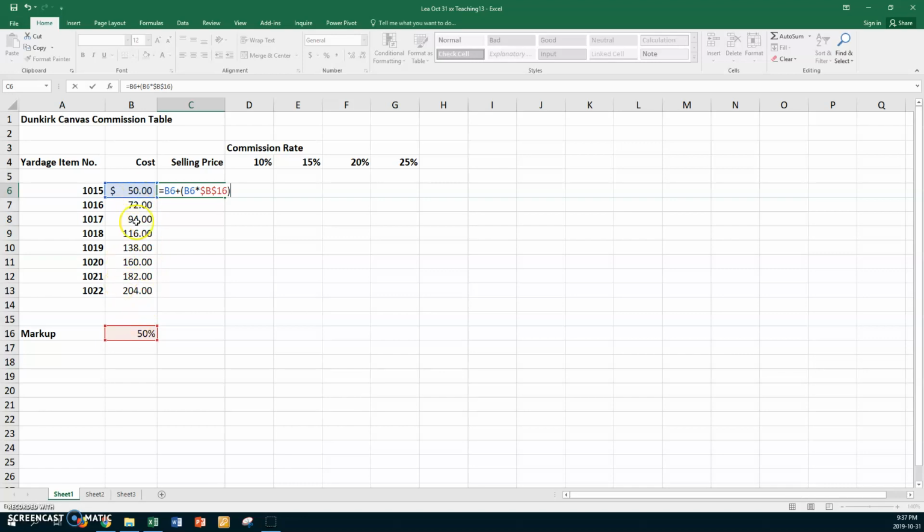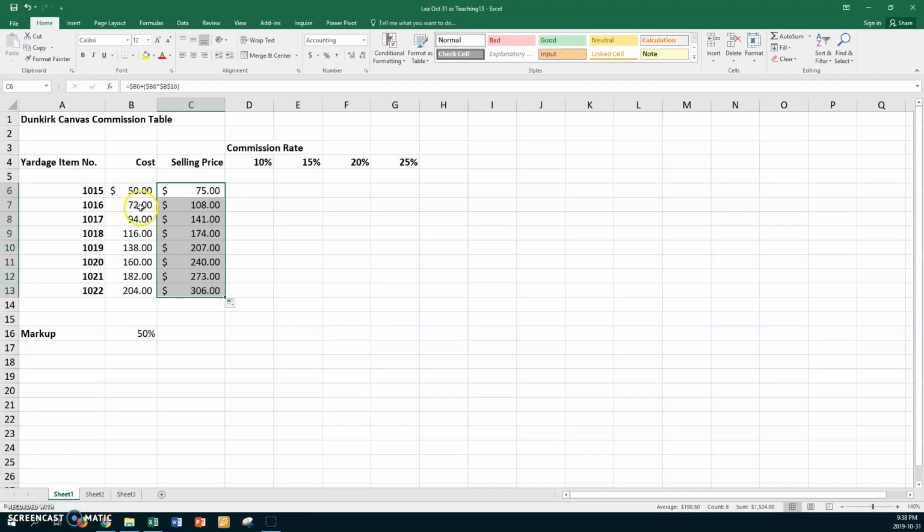And we also have to stay in this column, all right? So we want to go F4 and freeze the column. All right, that's good. Press enter, and you got $75. 50 plus half of that's 25 would give you 75. So that's good. That's easy for you. And once again, we do not need the $ here, so take them out.